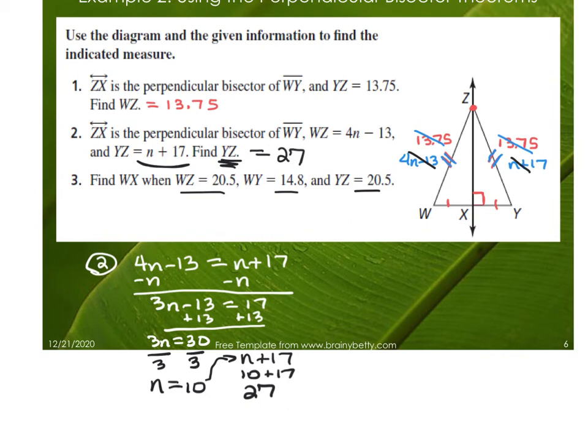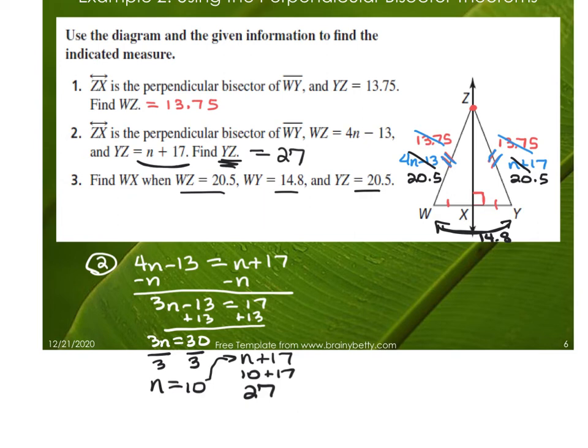WZ equals 20.5. WY, this whole piece down here, equals 14.8. And then this side over here, YZ, is also 20.5.